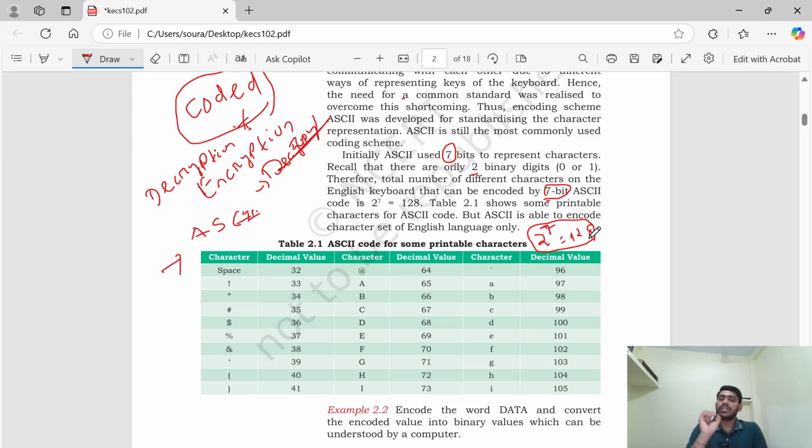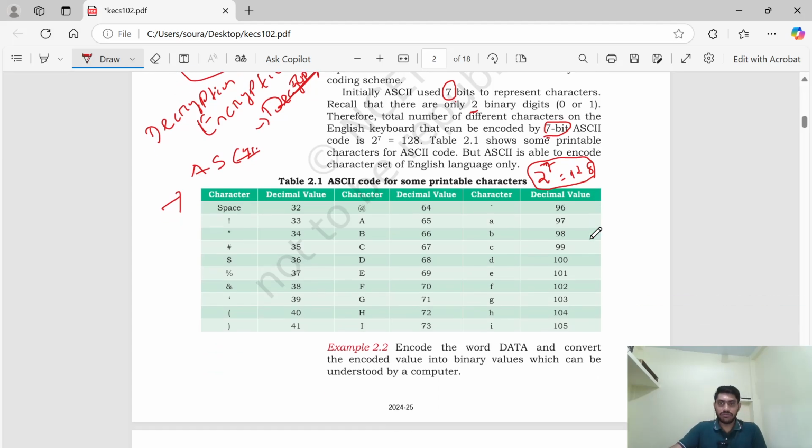You can see the table here, where they have given the characters and their decimal values, ASCII codes for some printable characters.